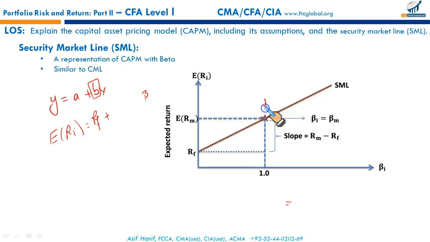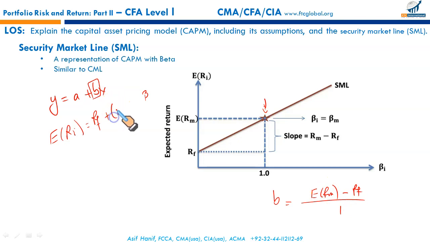This is the market portfolio here with the beta 1. So we know how to calculate the gradient, the slope, y2 minus y1, which is going to be ERM, return on the market, minus risk-free rate, upon x2 minus x1, that is 1 minus 0, so that's just 1. So this is the slope or the gradient, that is RM minus RF, or the ERM, expected return on the market, minus risk-free rate.